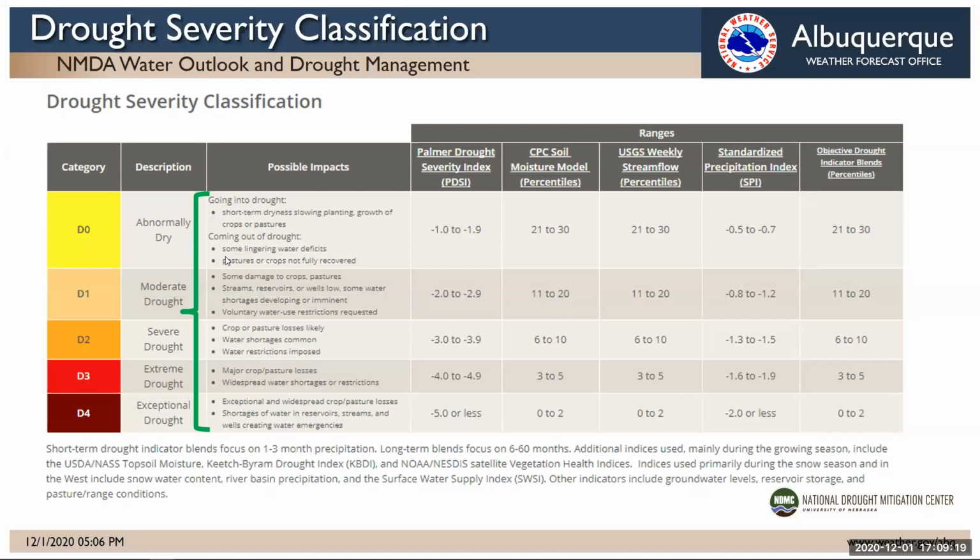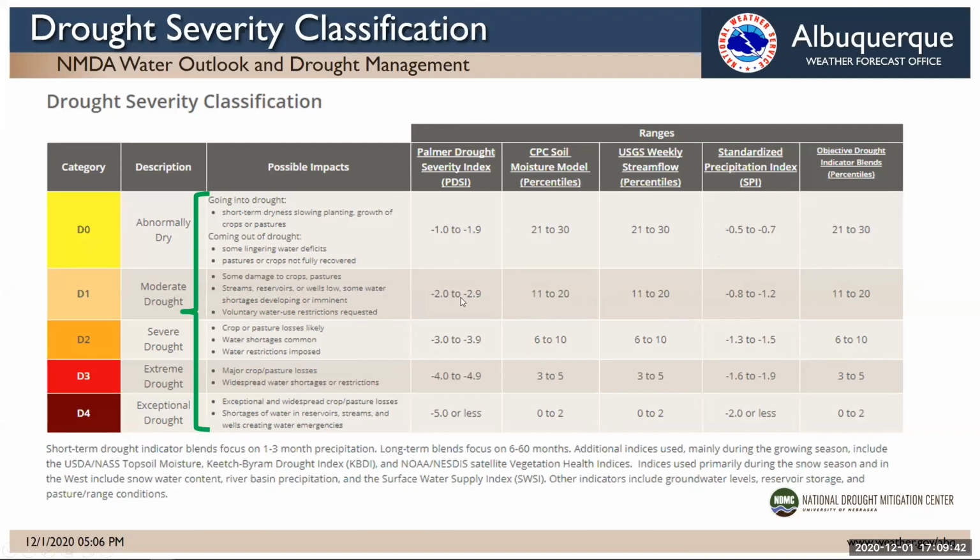These are potential impacts in an area. Remember, this is a nationwide map, and actually a North American map that focuses on drought. So these are potential issues, but the real heart of the U.S. Drought Monitor is the objective data, being the weather data, soil moisture data, various hydrologic data.